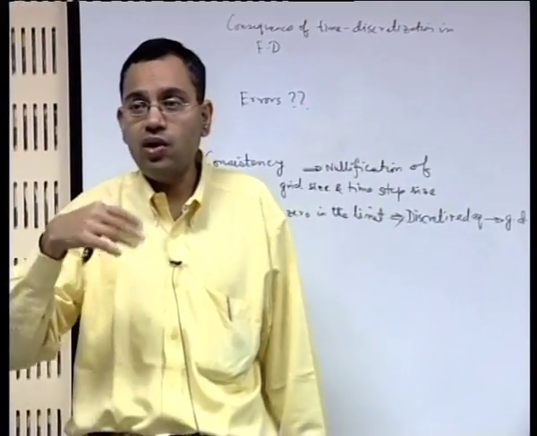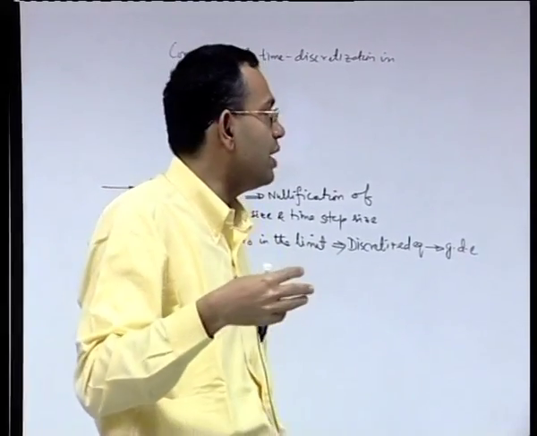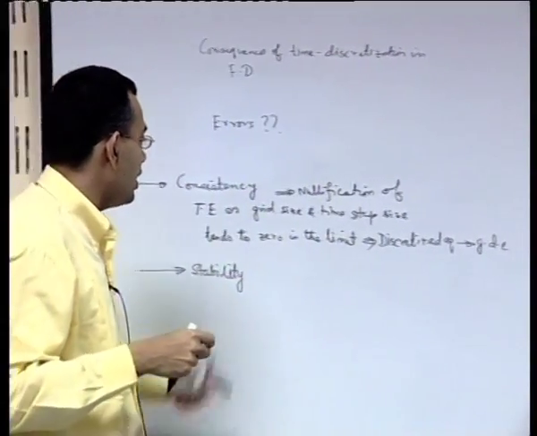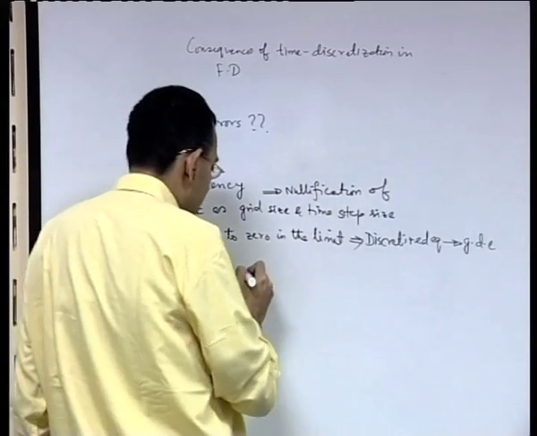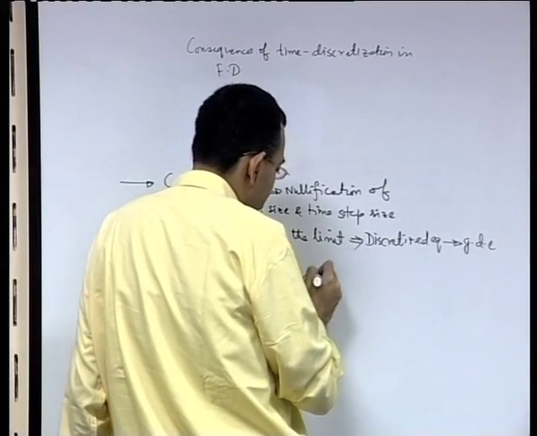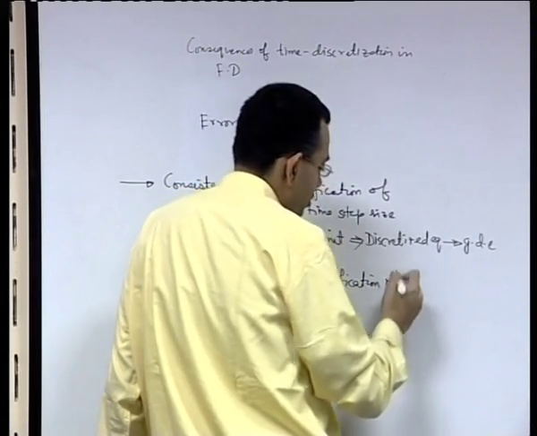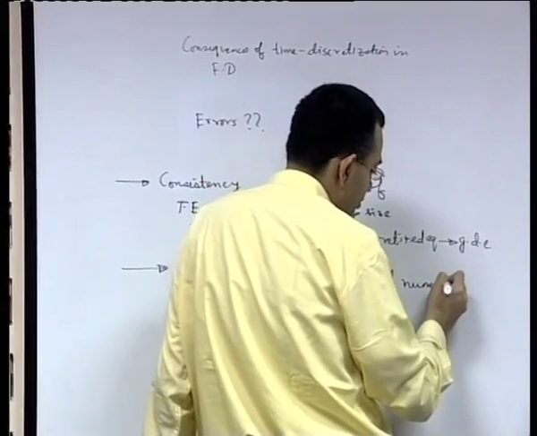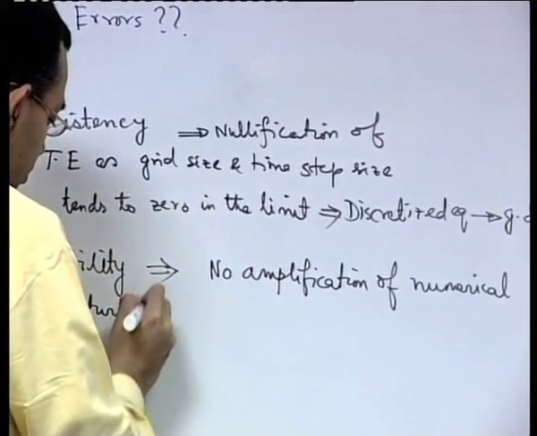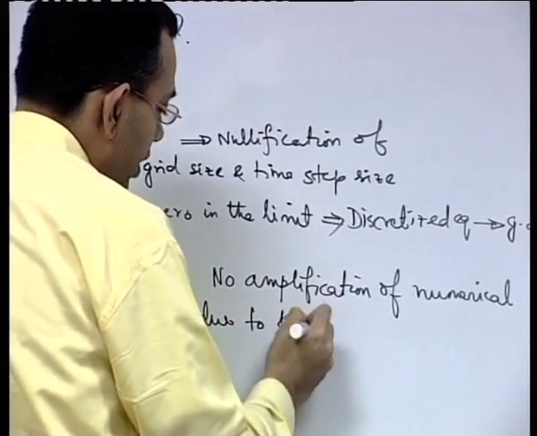How strongly this perturbation propagates by virtue of the numerical calculations is also a characteristic of the numerical scheme. So, if the scheme is stable, then there is no amplification of numerical perturbations due to propagation of round off errors.